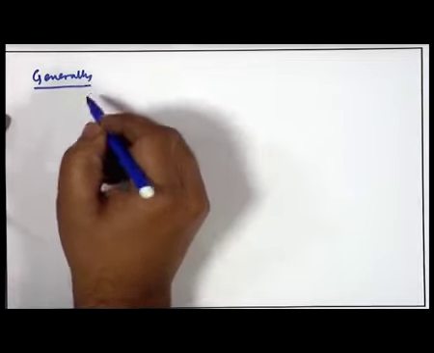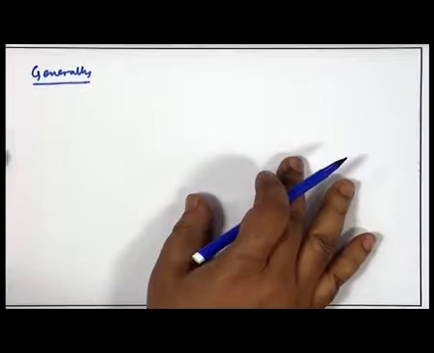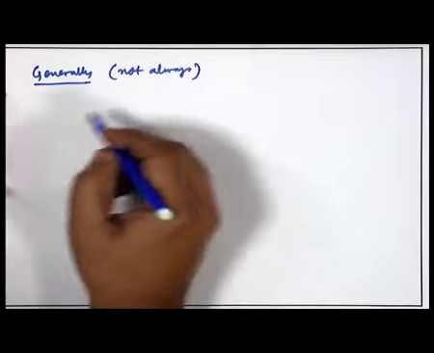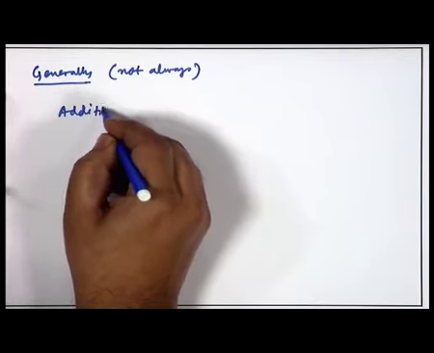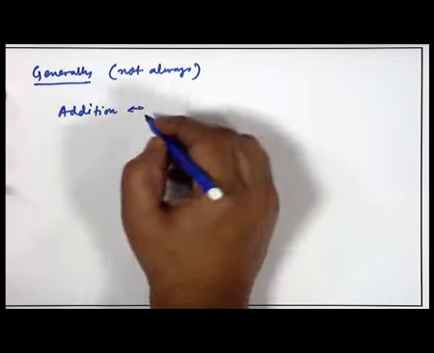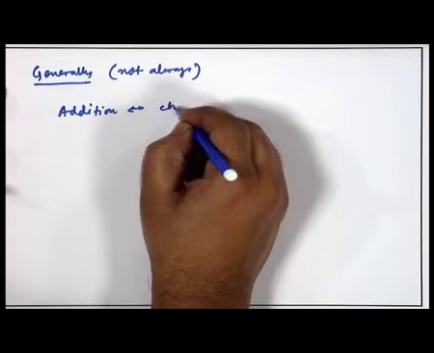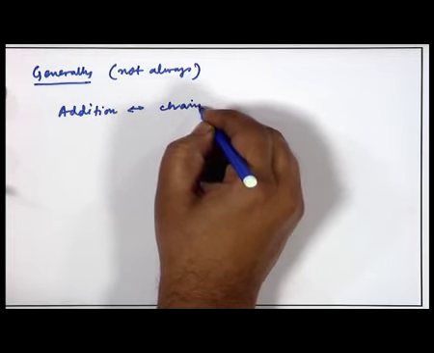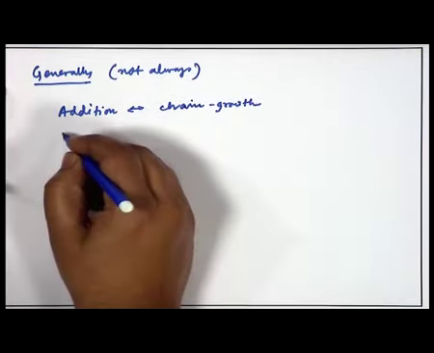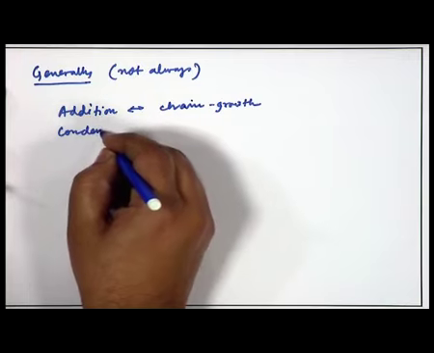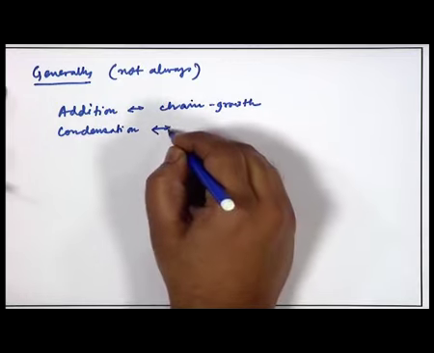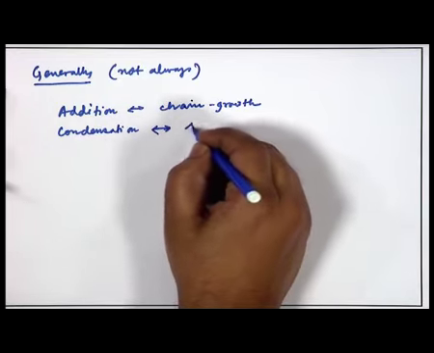So, generally, please put emphasis on the term generally, not always, addition polymers are grown by a chain growth mechanism and condensation polymers are by step growth.